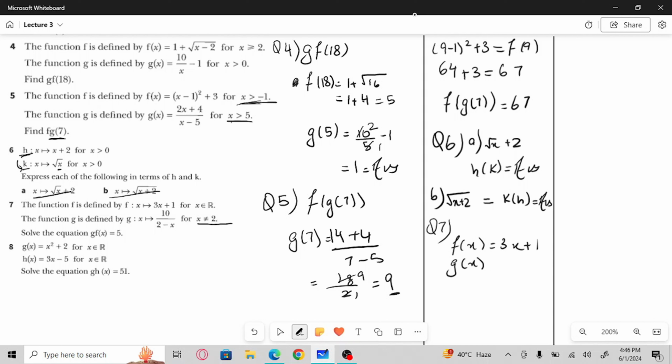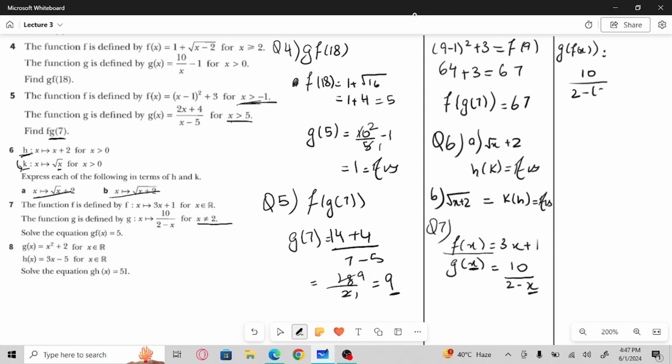And g(x) is equal to 10 upon 2 minus x. What we are told is that if we input the value of f(x) into g(x), we'll get the answer of 5. So we will first input the value of f(x) into g.